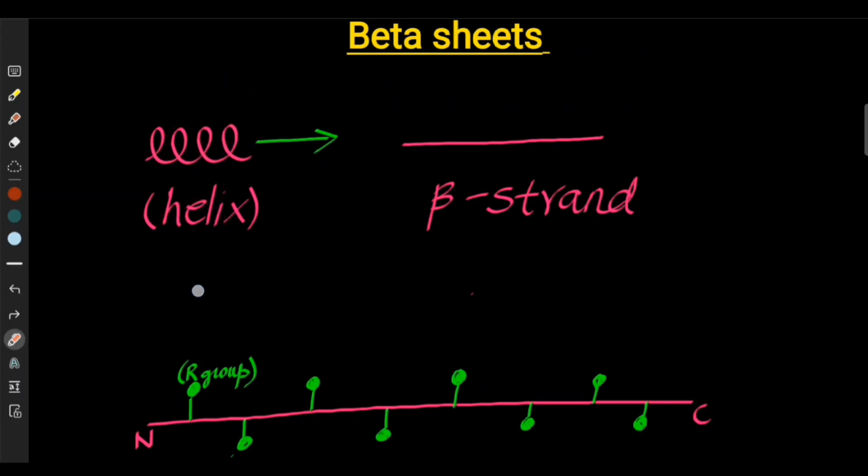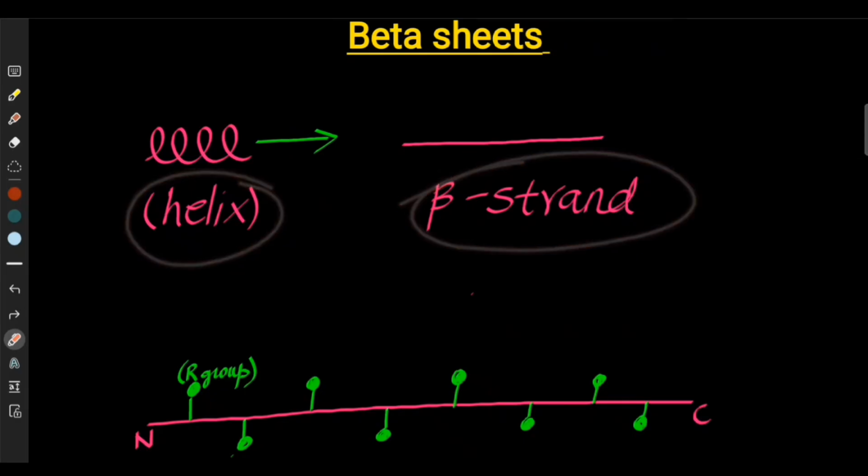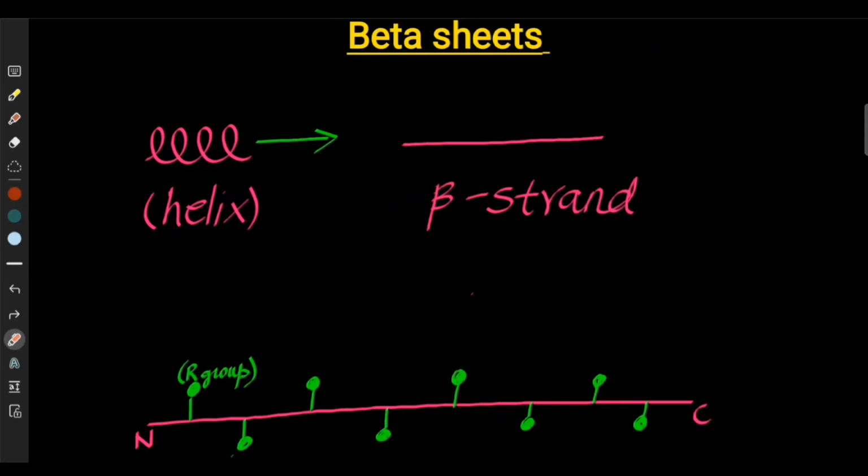Now when I try to extend or pull the alpha helix structure, it's going to create a beta strand. So a beta strand is nothing but an extended version of the helix structure. So this is actually the beta strand.